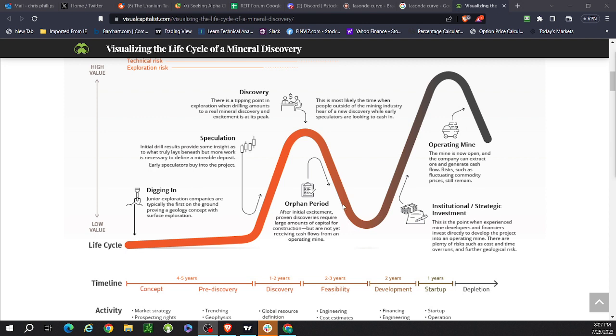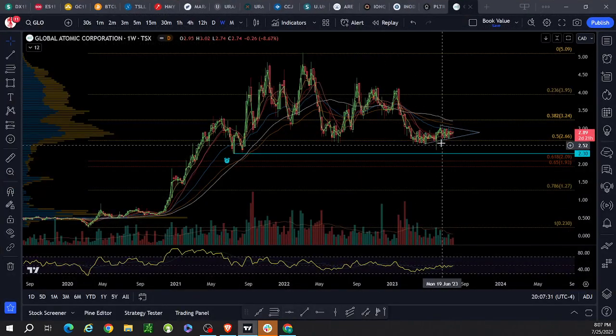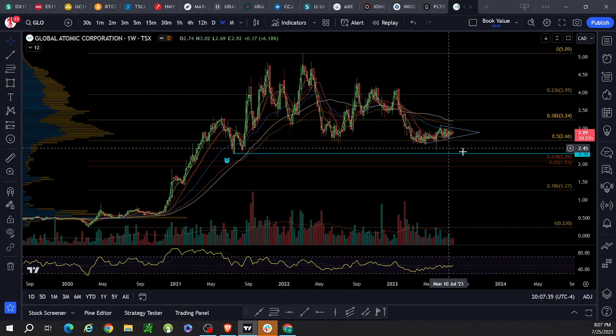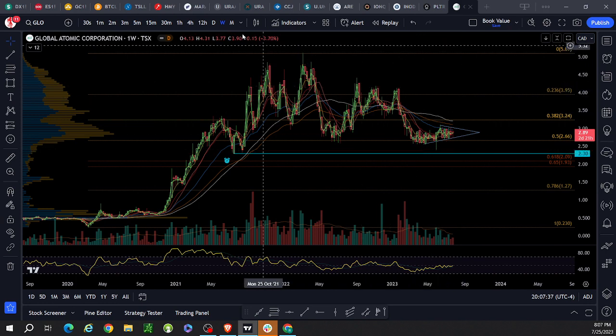I'm no mining expert, so if anybody thinks that I'm wrong here on this fundamental point, please point it out to me. But I'm kind of viewing Global here. So it would make sense that you're seeing accumulation as far as the Lassonde curve is concerned. That's the way I'm looking at it.